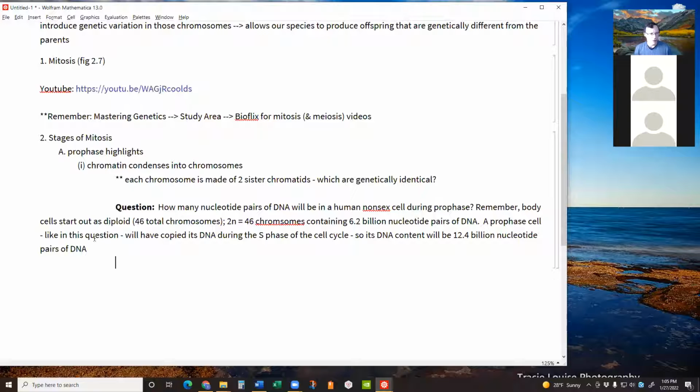And let's see, a couple other things I'll mention. The centrioles are going to start moving towards opposite sides of the cell, towards the poles. If you have access to your digital textbook, look at figure 2.7, picture B. I know those centrioles are really tiny, and my old eyes can barely see them comfortably.